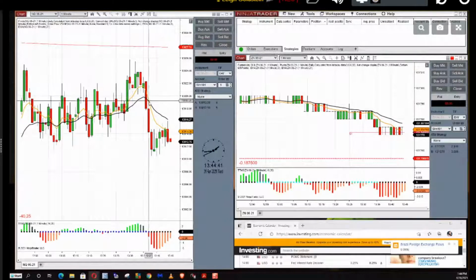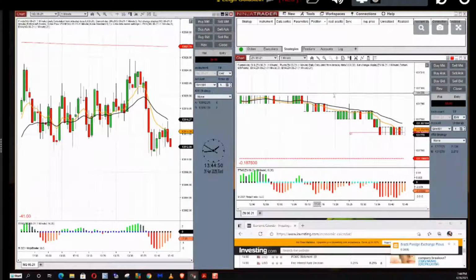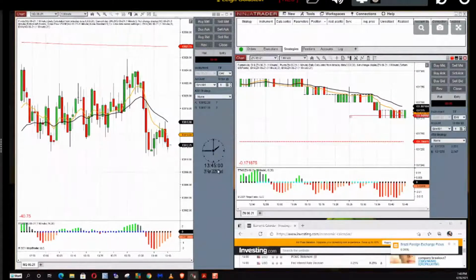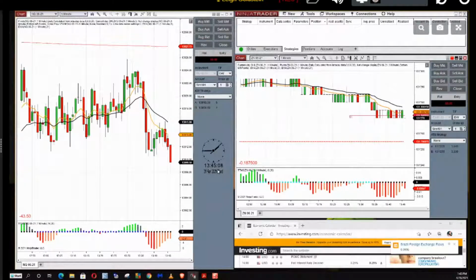So since we got here, the NASDAQ has dropped about 10 points. I think what everybody's worried about is that the Fed doesn't have a good handle on how much inflation there is. The Fed seems to be ignoring the level of inflation, possibly, or thinking it's temporary.